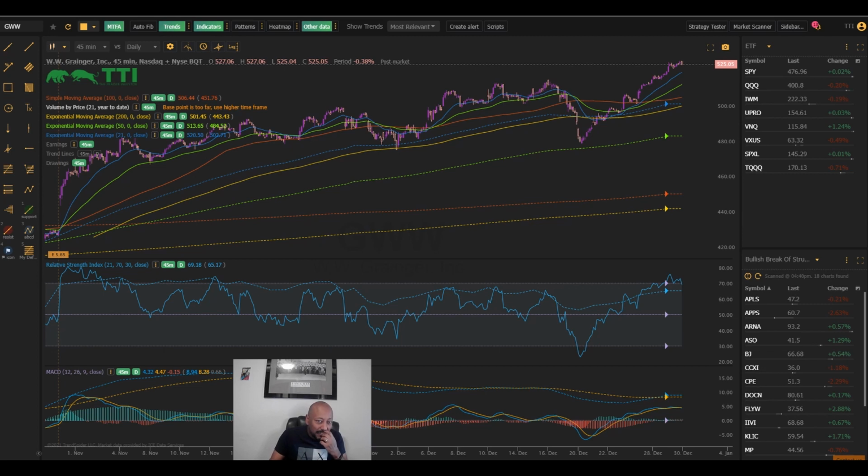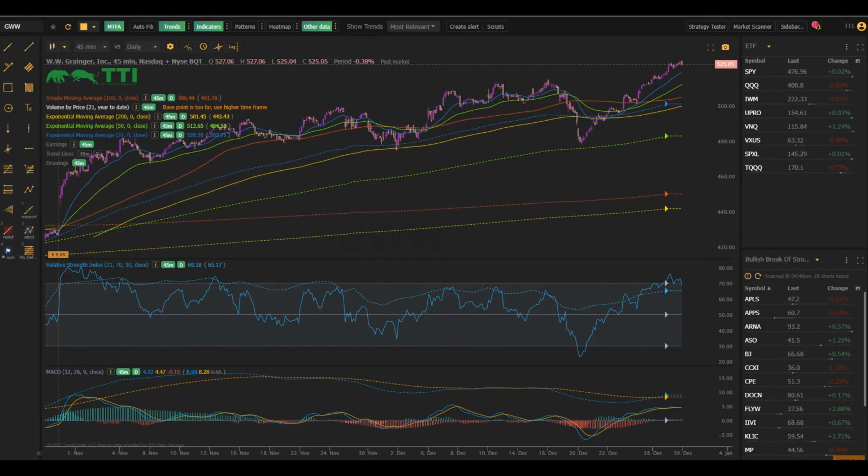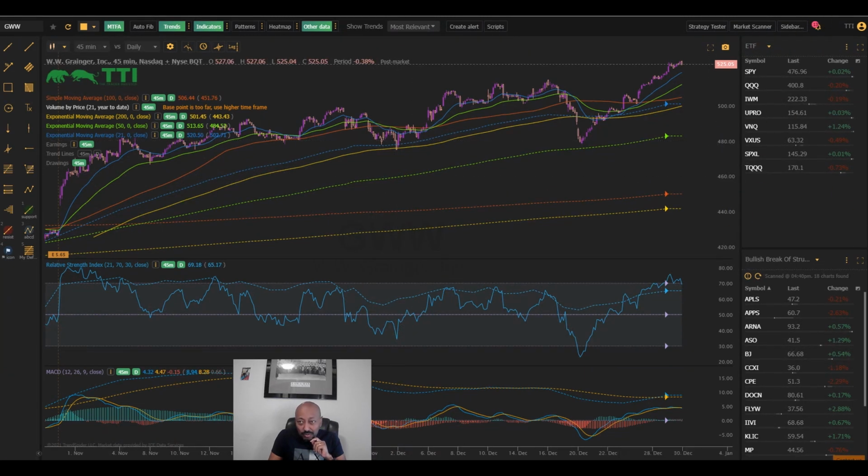And first, if we just take any chart, and I just happen to have GWW, I don't know why it's on here. It must have come through some scan, but what I am looking for is for price to form some sort of a pattern, higher highs, higher lows, and continue that pattern.